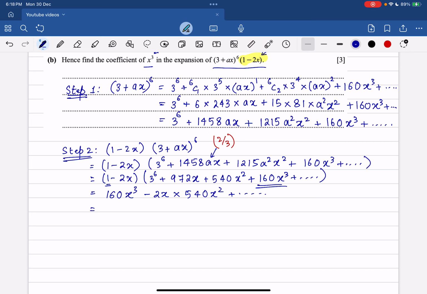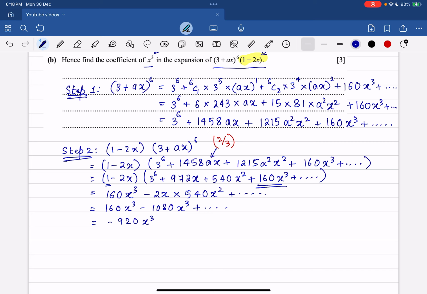Plus dot dot dot. So what do I get over here? 540 times 2 gives me 1080. So 160 x cube minus 1080 x cube plus dot dot dot. So 160 minus 1080 gives me negative 920 x cube.